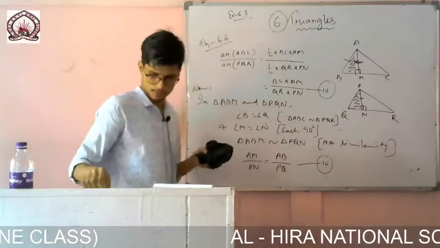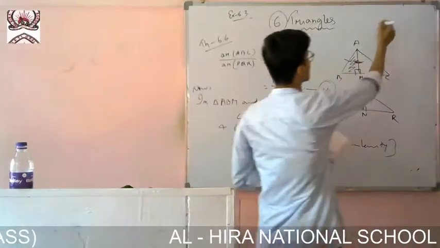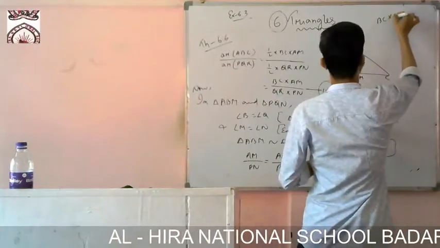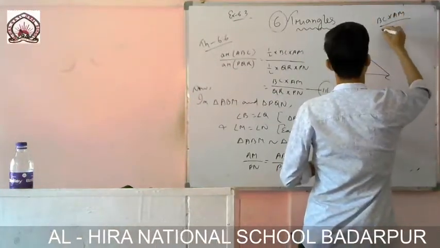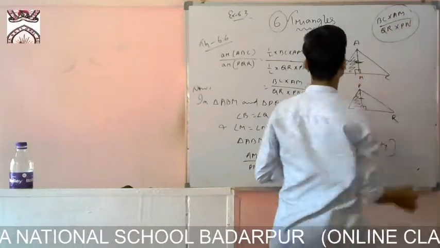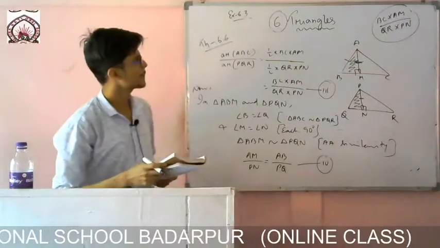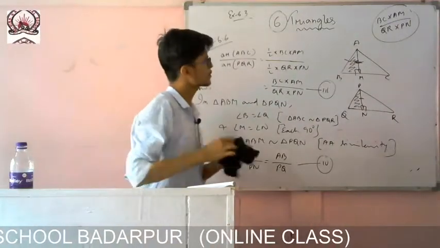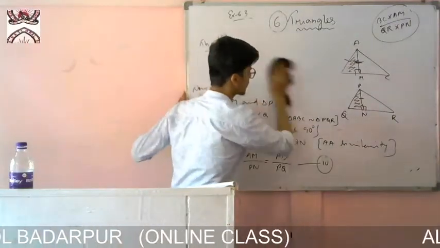We have got from equation 3 that the area ratio is BC into AM by QR into PN, so you can remember it. This was our equation number 3. Okay, now I am erasing this part.